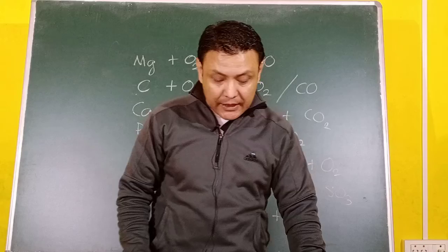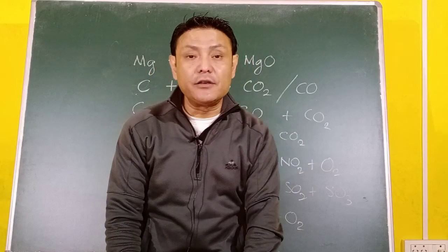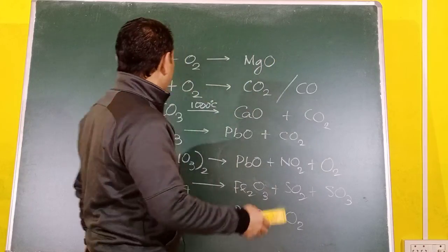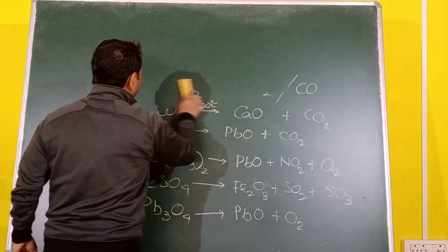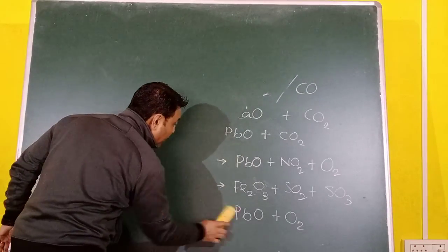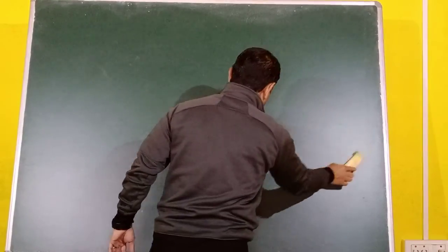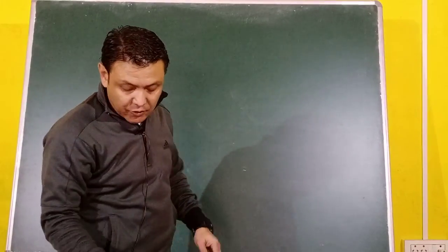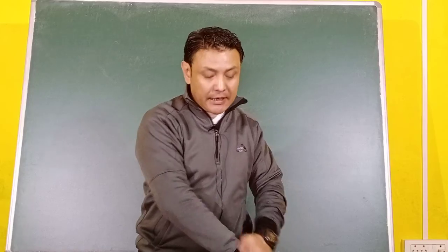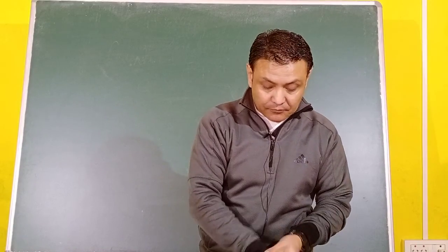Now we come to the last portion, the classification of oxides. There are basically two types of oxides: oxide of a metal and oxide of a non-metal.